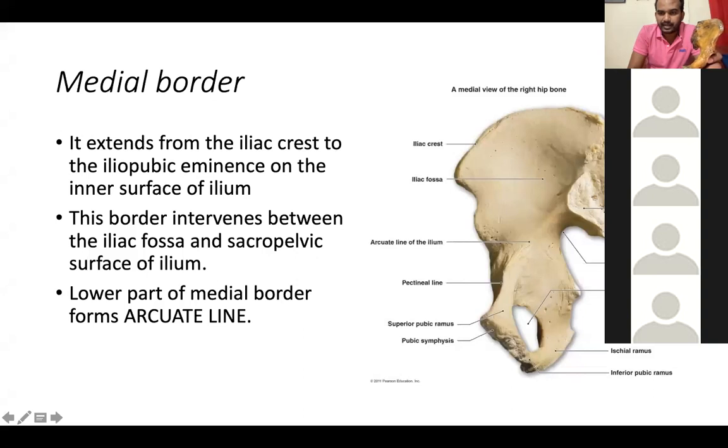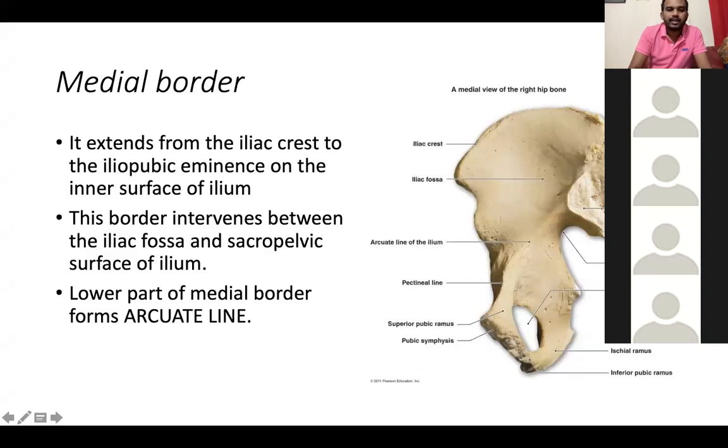From the iliac crest, this medial border will take its line and extend up to the iliopubic eminence on the inner surface of the ilium. In the bone also, this is the iliopubic eminence.